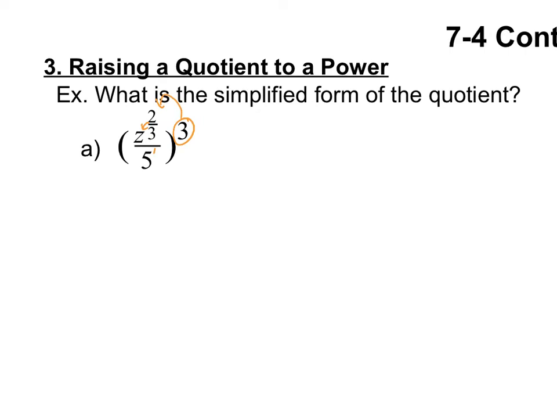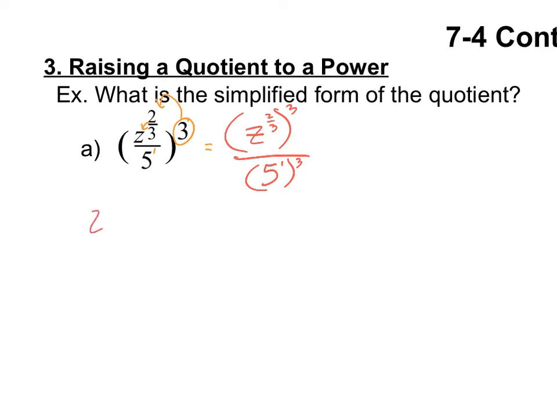Well, I know that it should be equal to z to the 2/3 raised to the 3rd power over 5 to the 1st raised to the 3rd power. And now we are multiplying our exponents.